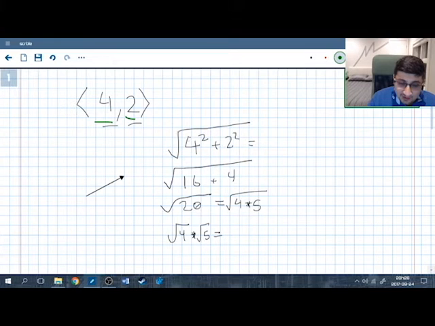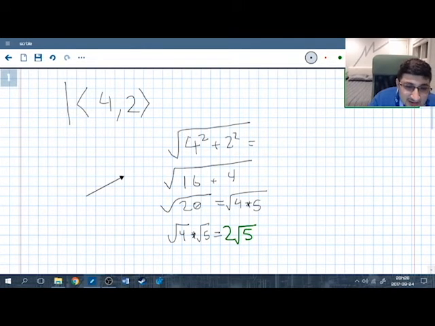Since a lot of us already know that the square root of 4, being a perfect square, is very simply 2, we can rewrite this to be 2 root 5. And the magnitude is usually shown as 2 flat bars right around the vector. So this basically means just the length or the magnitude of the vector without the direction.